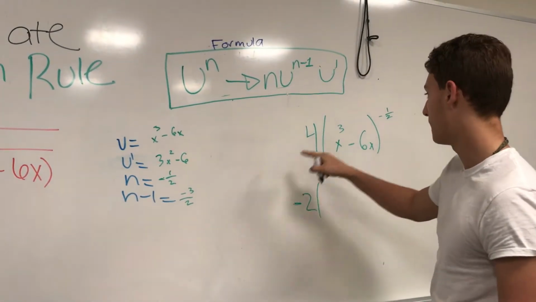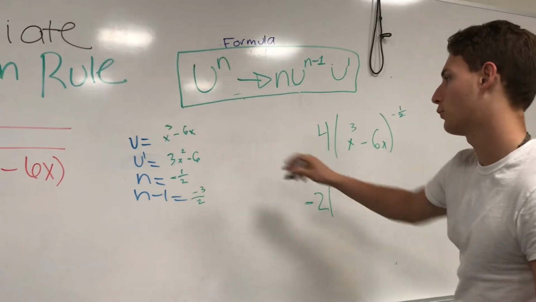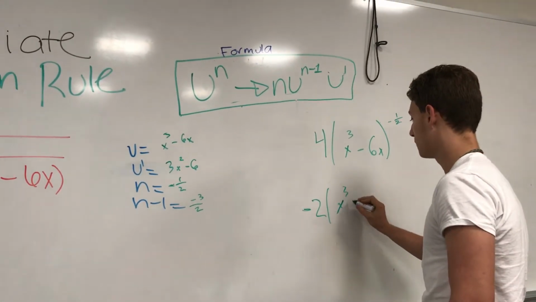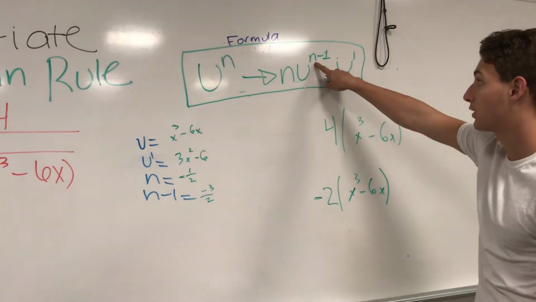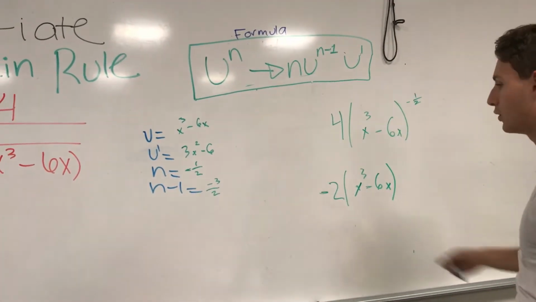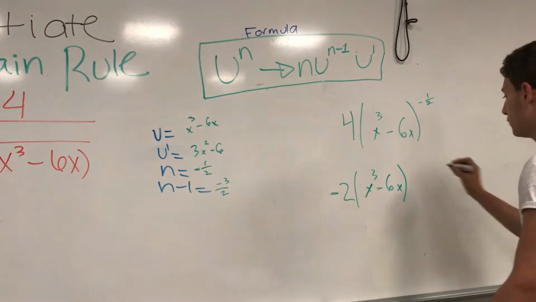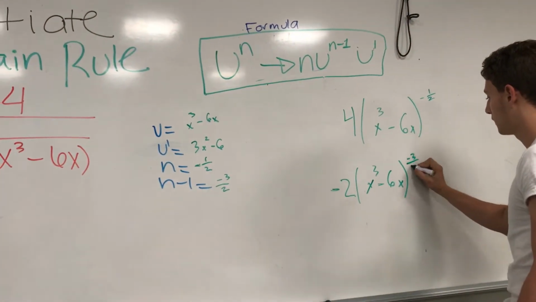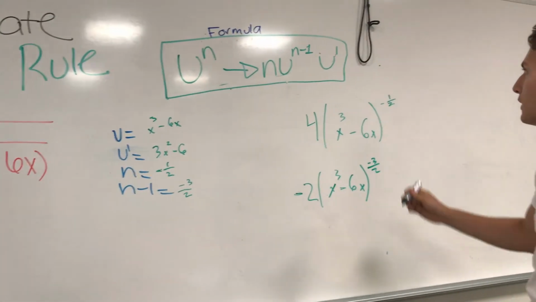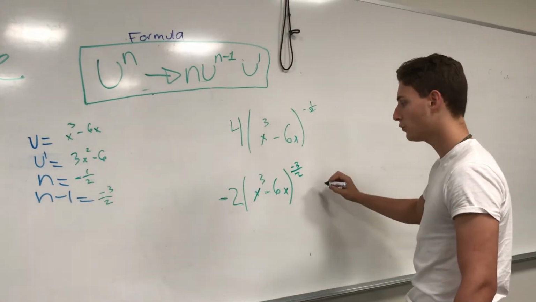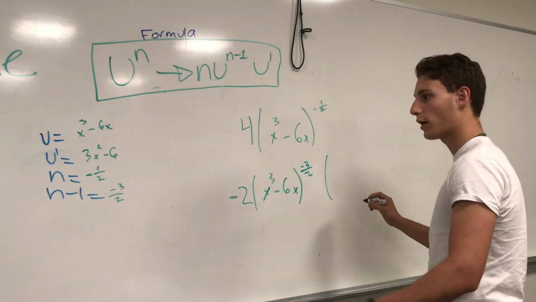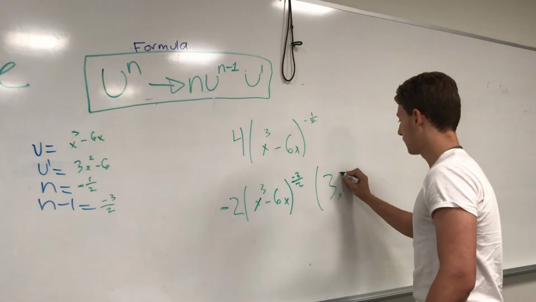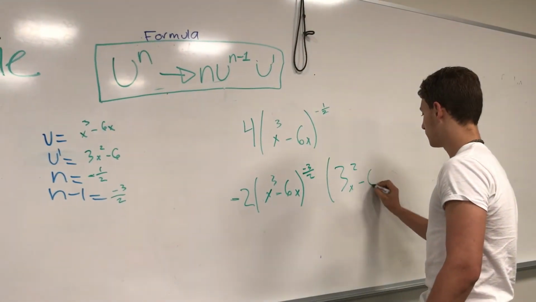parenthesis, u, which is x cubed minus 6x, to the exponent of n minus 1, which is minus 3 out of 2, times prime of u, which is, we already got it, 3x squared minus 6.